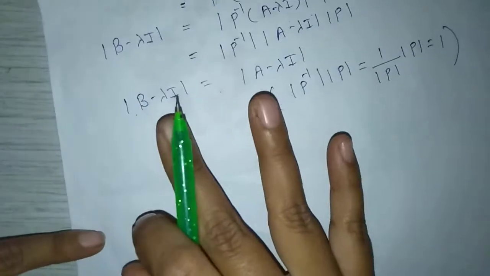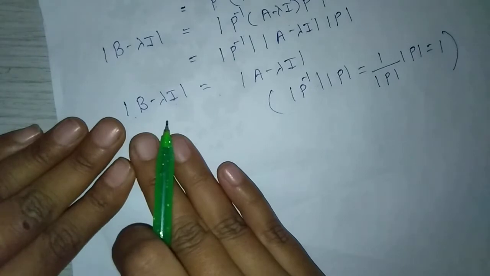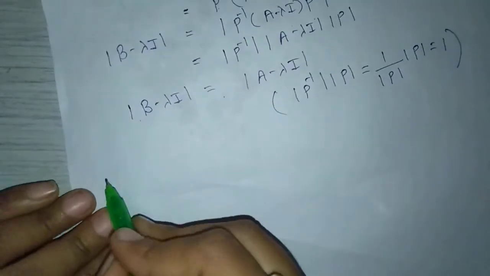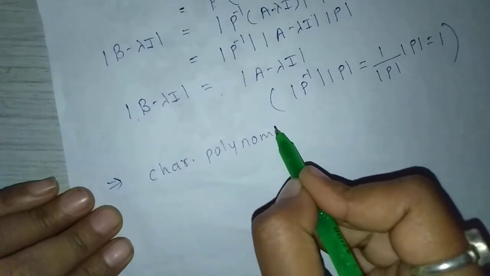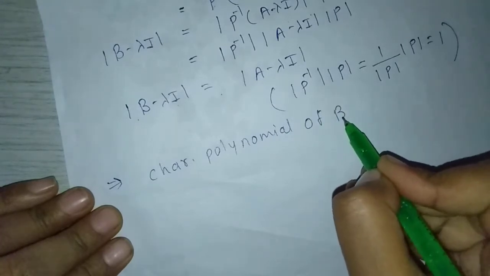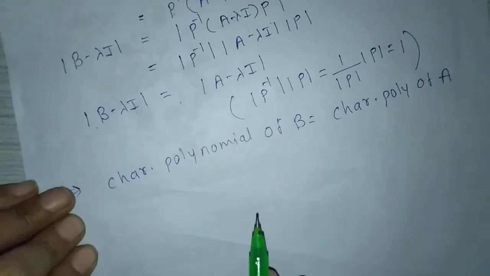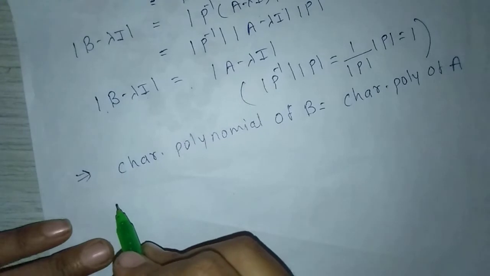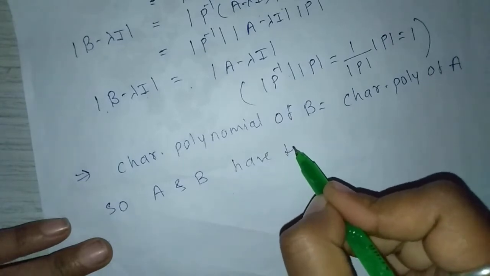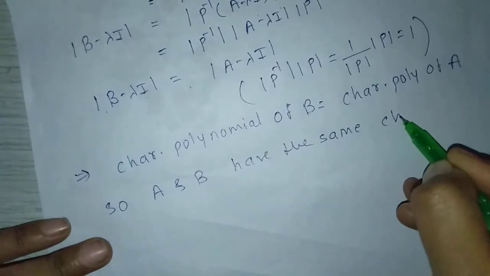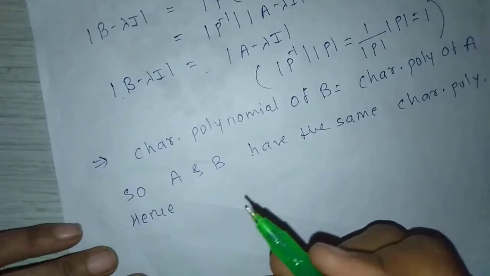Here these two determinants are nothing but the characteristic polynomial of B and the characteristic polynomial of A, which implies the characteristic polynomial of B equals the characteristic polynomial of A. So A and B have the same characteristic polynomial, hence they have the same eigenvalues.